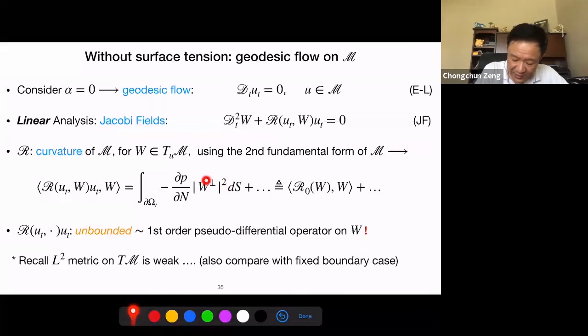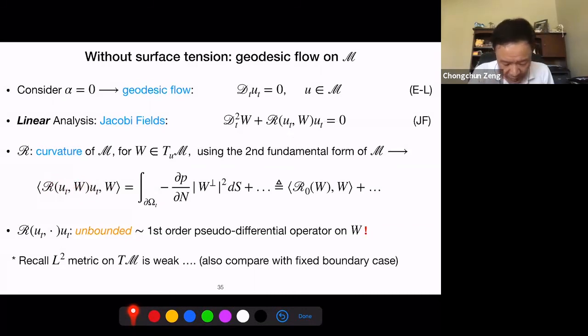So this is comparable to the H1/2 norm squared if W is irrotational. So this is not a bounded quadratic form, and not a bounded operator. This part is bounded, but this is not. If you count, this is like half a derivative in the quadratic form, so it is like a first order, non-local operator.